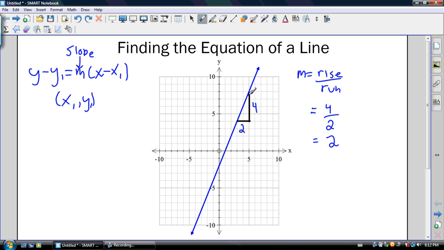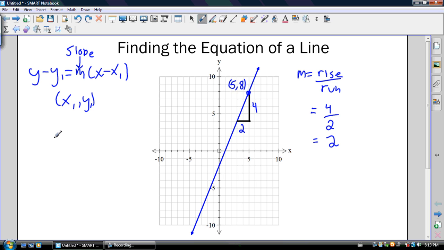Now I need a point on the line. It doesn't really matter, it could be any point. I'm going to choose this one right here, which looks to me like 5, 8. So x is equal to 5, y is equal to 8. Recognize that if you're doing this on a test or with your friend, you could have different answers because it depends on the point.